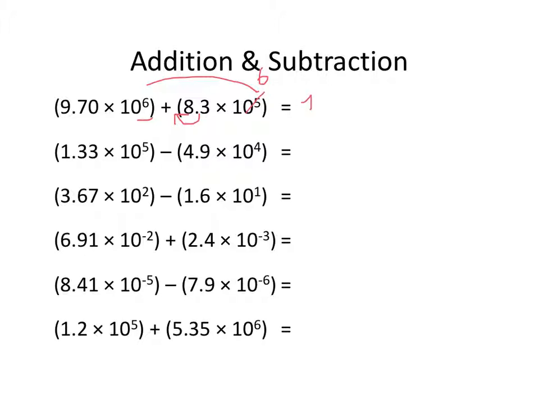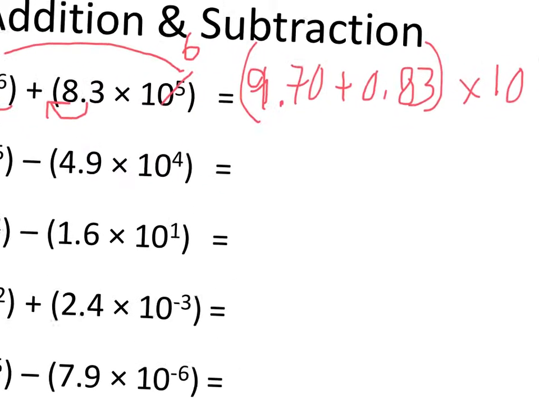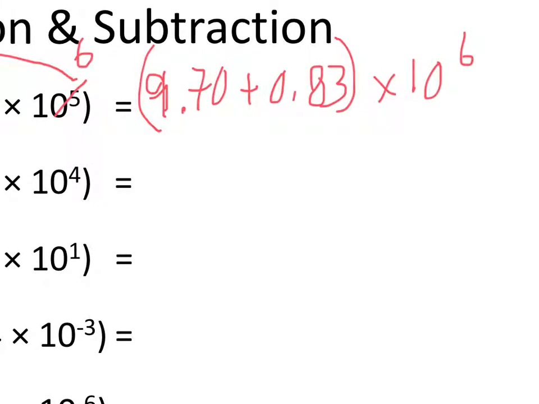Now I have 9.70 plus 0.83 times 10 to the 6. If I add these two numbers together, I end up with 10.53 times 10 to the 6.